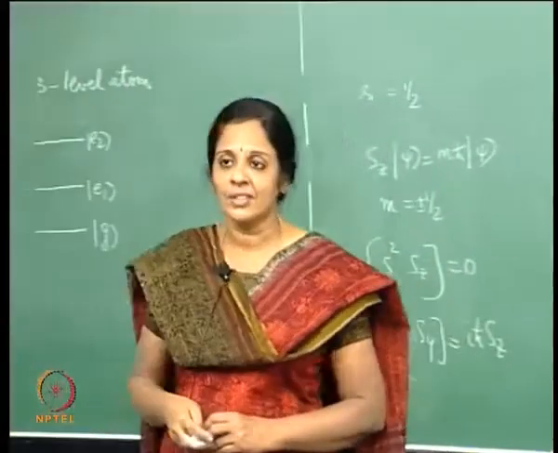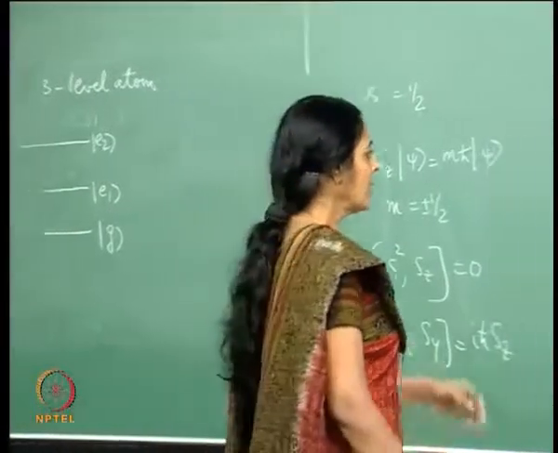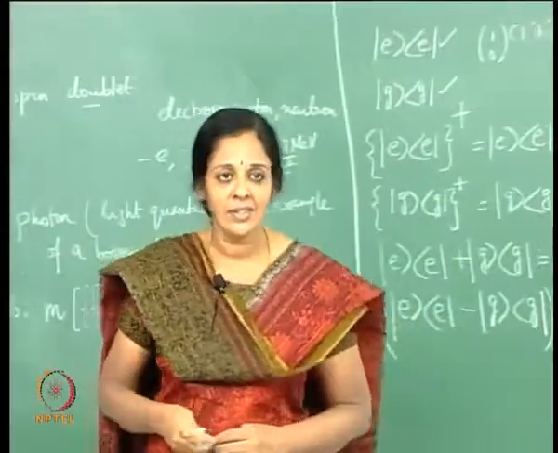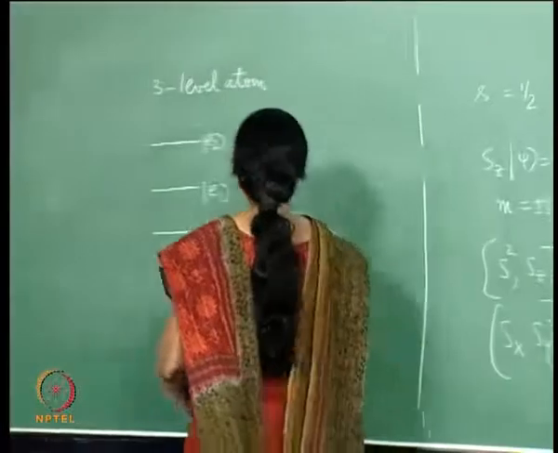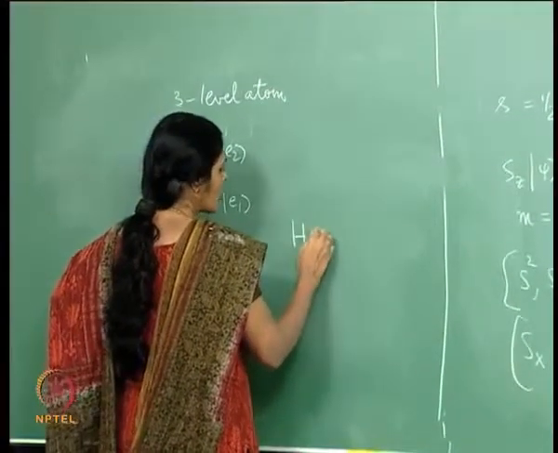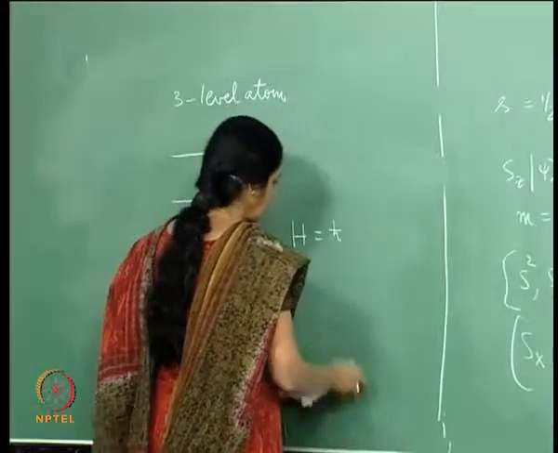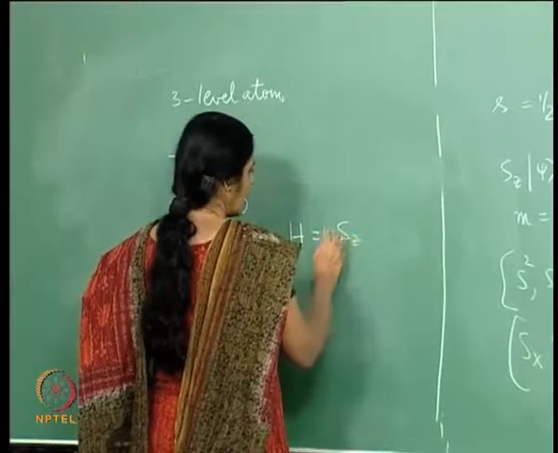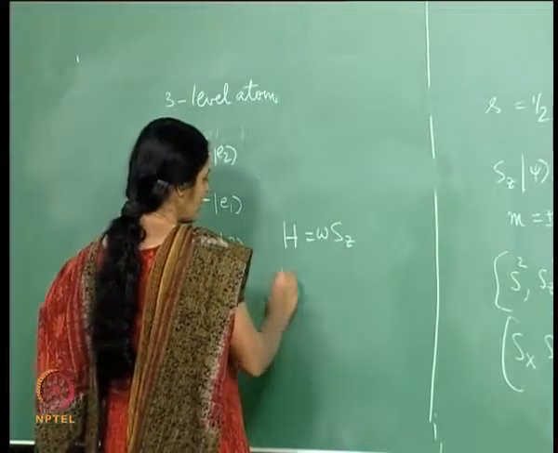The fact of the matter is that the Hamiltonian or the energy operator in this problem can be written in terms of Sz. Look at it this way. Suppose I wrote the Hamiltonian as omega Sz, where omega is a suitable constant.